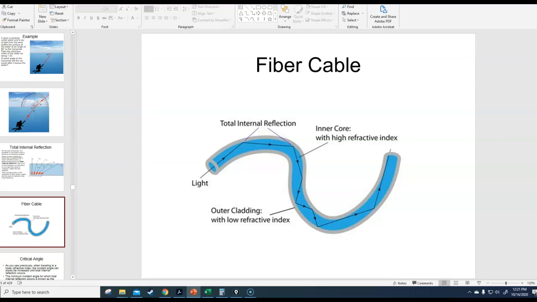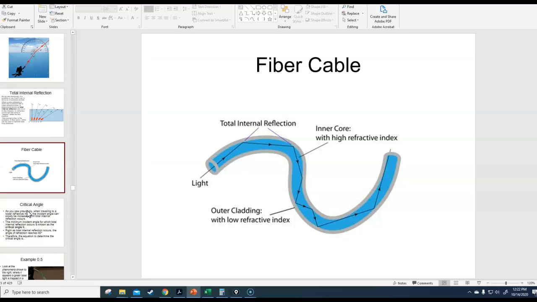They get really thin pieces of fiber and shoot light in one end, and because of the way the material in the fiber cable works, the light, rather than escaping the cable, reflects all around the cable, keeps bouncing, and comes out the other end without any light escaping. That is one really classic application of total internal reflection. In one of the videos we'll see in a minute, they talk about that.